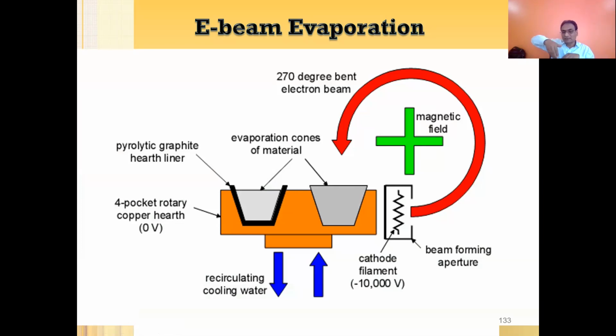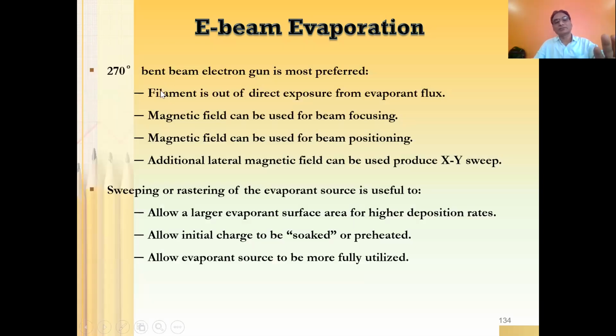Whatever lateral or vertical movement you want to have, this magnetic field is going to provide. As far as the bend is concerned, this magnetic field is responsible for the bend as well as the lateral movement of the electron beam. So this is the advantage of bending the beam by 270 degrees.